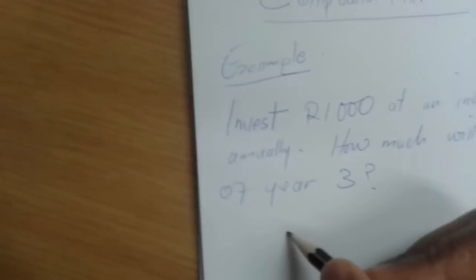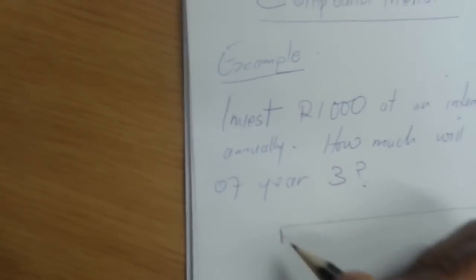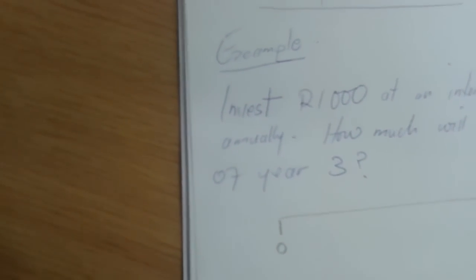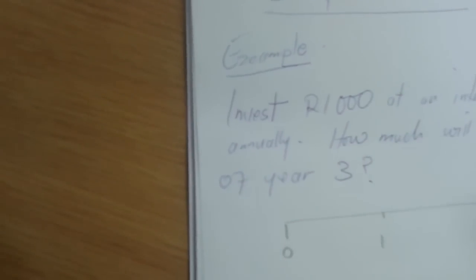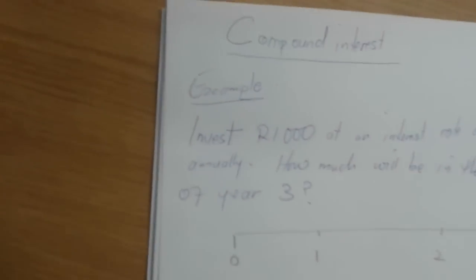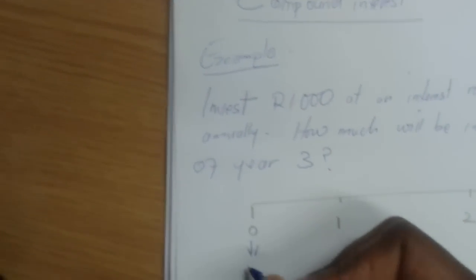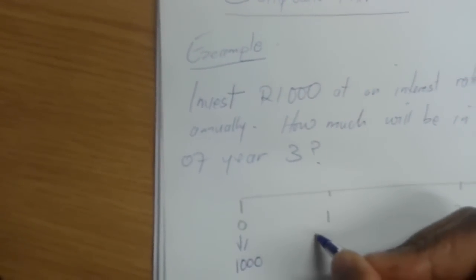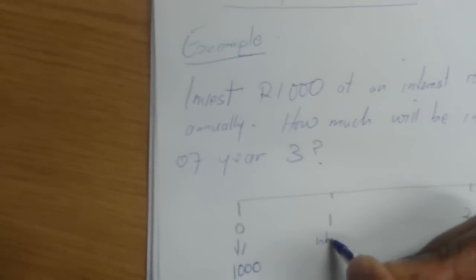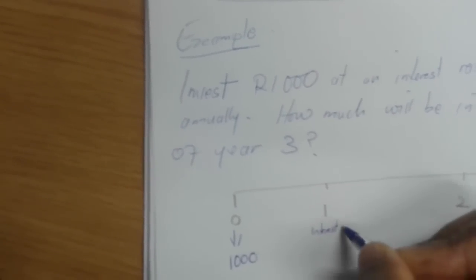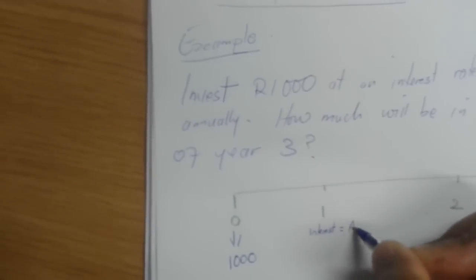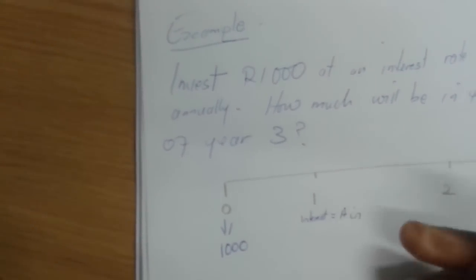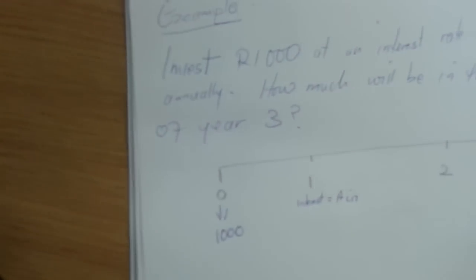So quickly, let's look at this. As usual, we start with our timeline. So that's 0, that's 1, that's 2, and that's 3. So let's see, compound interest. How much did you invest? You invested 1,000. Now, at the end of year 1, they are going to calculate interest the same way that we are doing. Interest is equal to A times I times N, because it's only for one period, right?